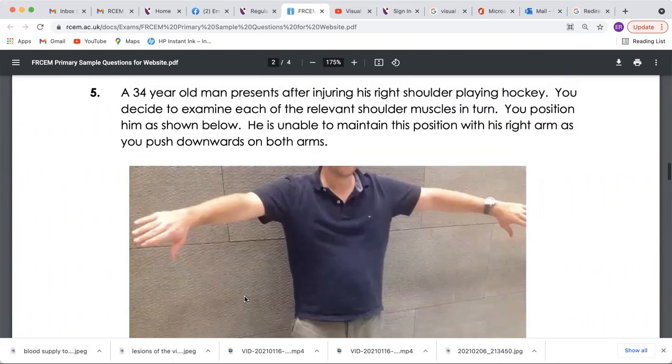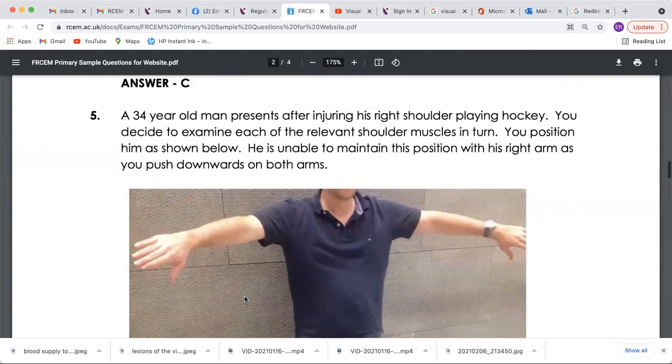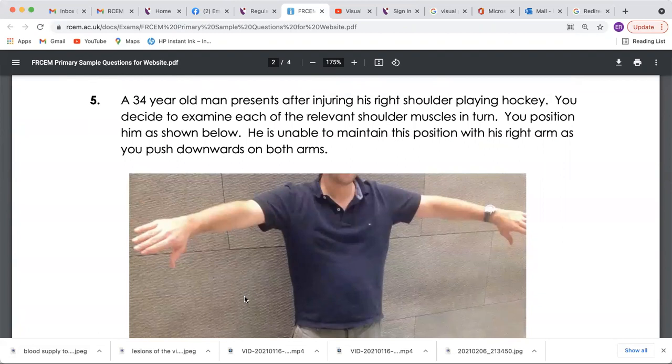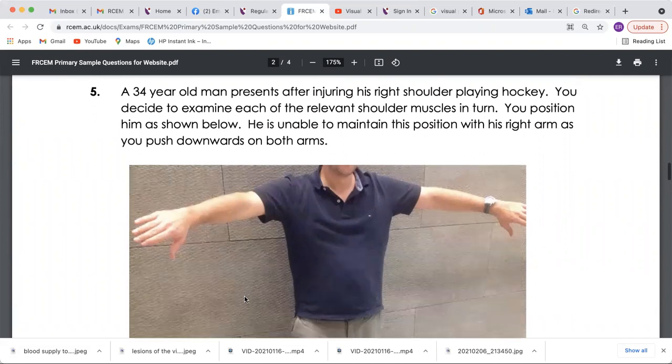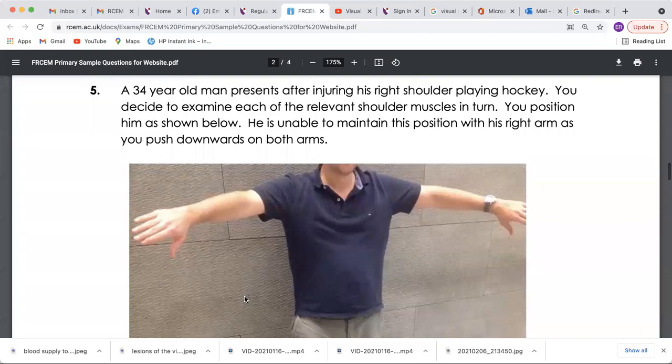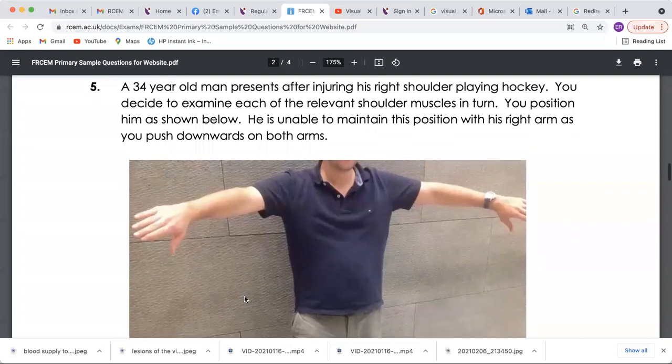However, if you do want to learn, they expect you to know the special test of the rotator cuff muscles. So this is the test which is called Jobe's test or empty can test, where you put your patient's arms in this position, thumbs downwards, and you press on both arms and see if they can resist your downward pressure.